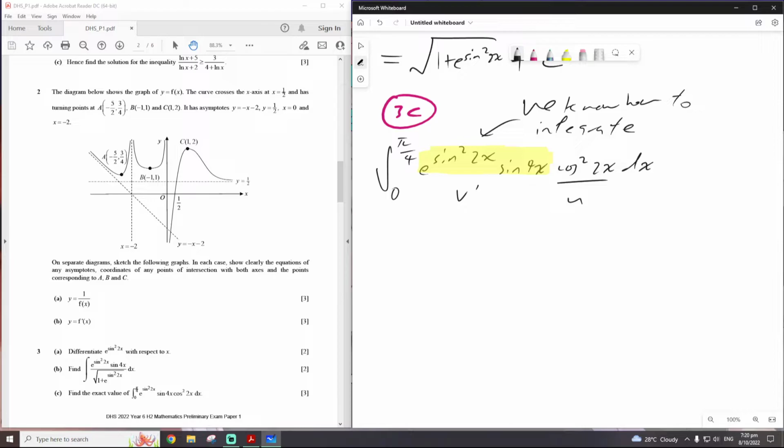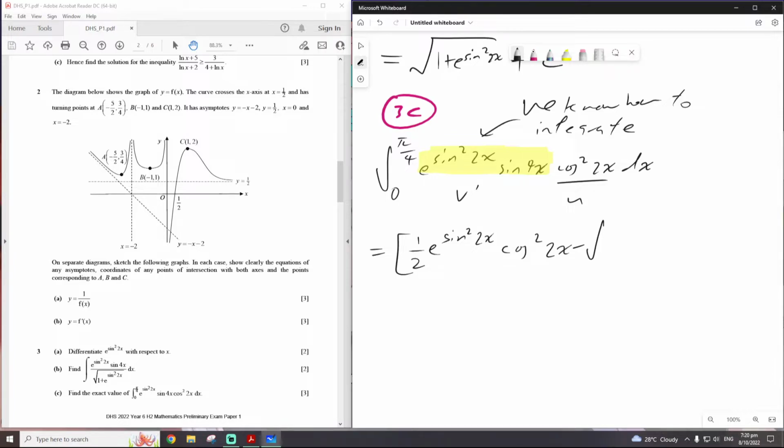And then we'll apply integration by parts. So if I integrate this, I'll get half e sine squared 2x cosine squared 2x. Alright, and now we're going to minus u prime v, right?